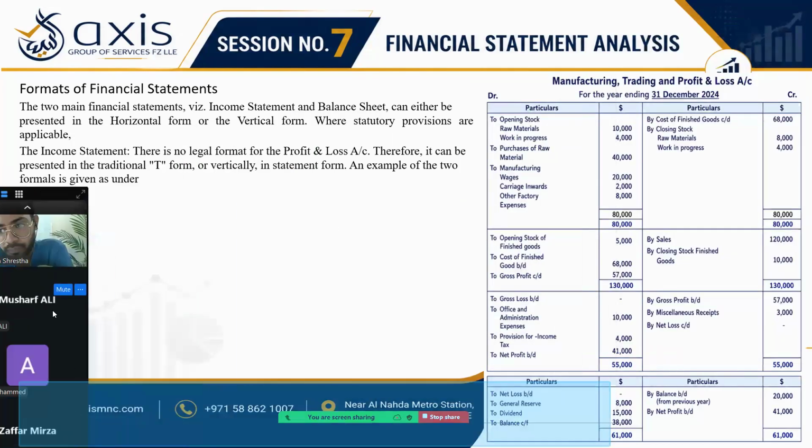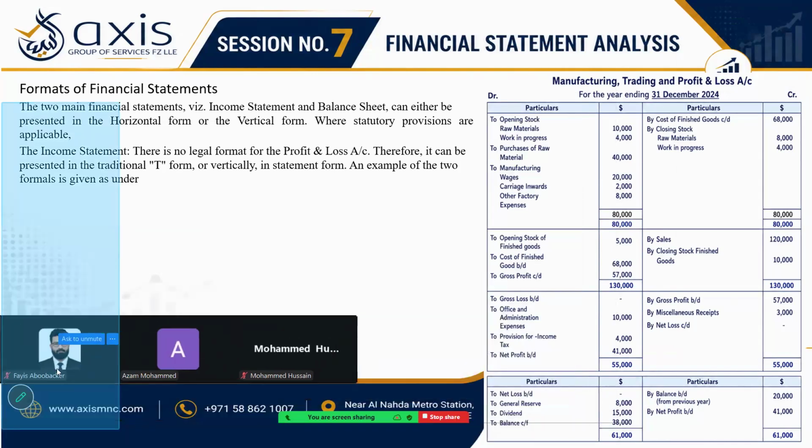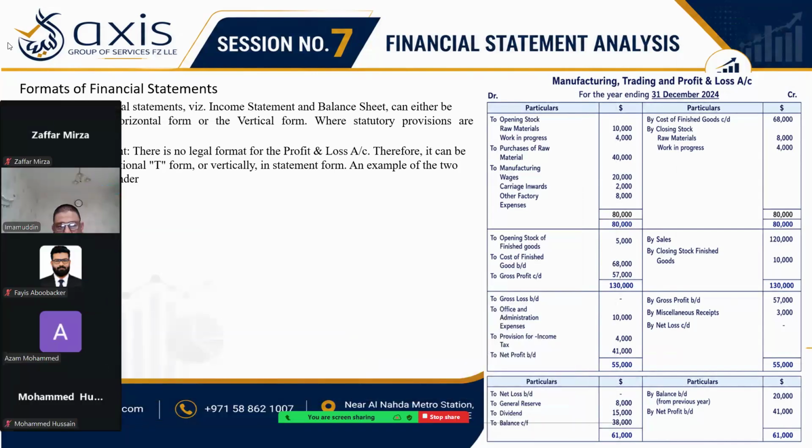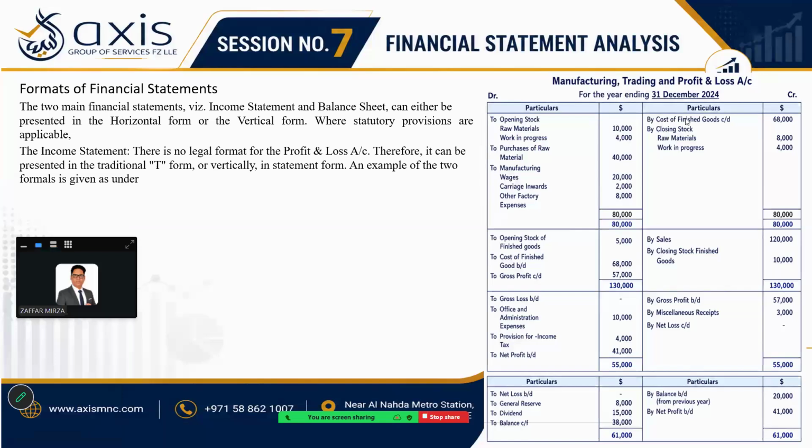This is the manufacturing, trading, and profit and loss account which we discussed. When the CMA exam comes, 100% it will ask you the cost of production.